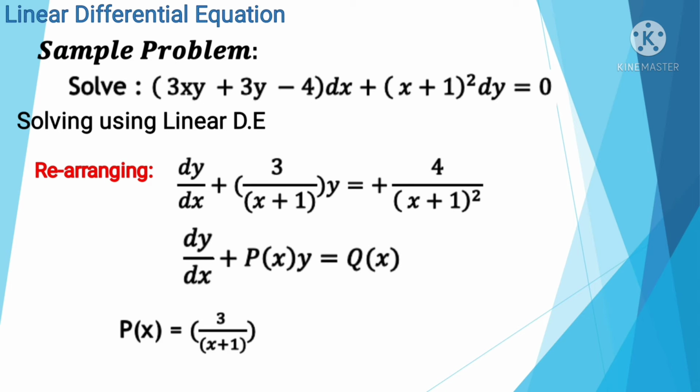Now, our p of x here is 3 over the quantity of x plus 1 and our q of x is 4 over the quantity of x plus 1 squared.